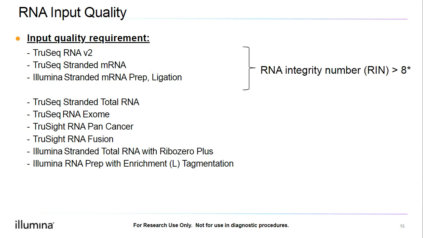This number applies to mammalian species, so if you're working with another species, check the literature to see what would be considered a high quality RNA RIN value. Not all kits are compatible with FFPE samples.